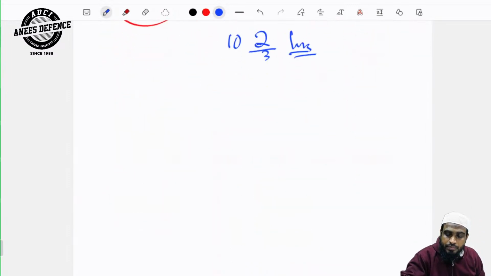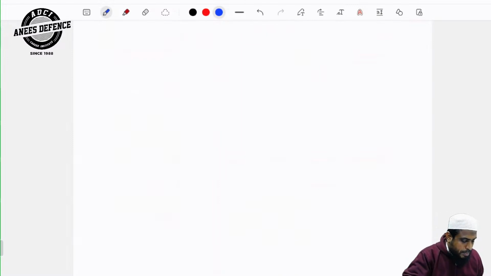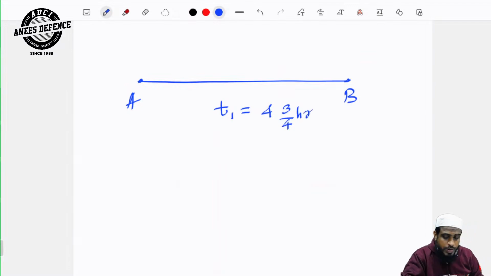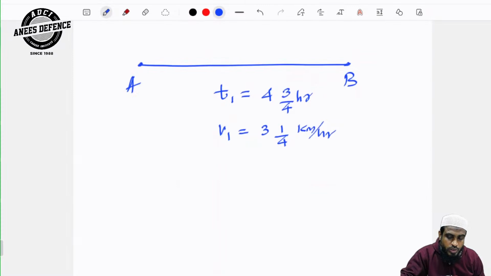The question is, a man moving from A to B. Time taken is 3 by 4 hours. What is the speed? 3 1 by 4 kilometer per hour. So this is the case of the first person, man 1.